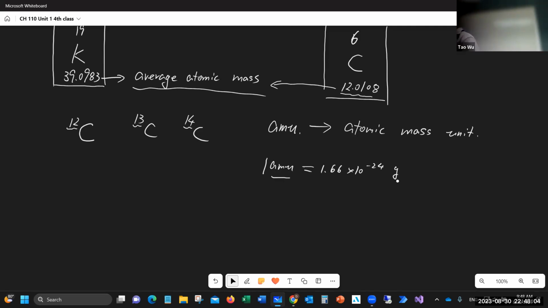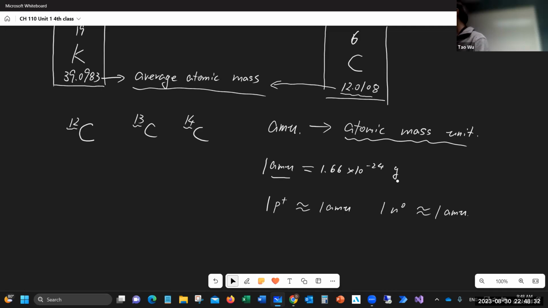It's really, really small, but we're still using this unit because it talks about the mass of the atom. We talk about one proton, the mass generally is close to 1 AMU, and one neutron, the mass is also very close to 1 AMU, although it's not exactly the same.